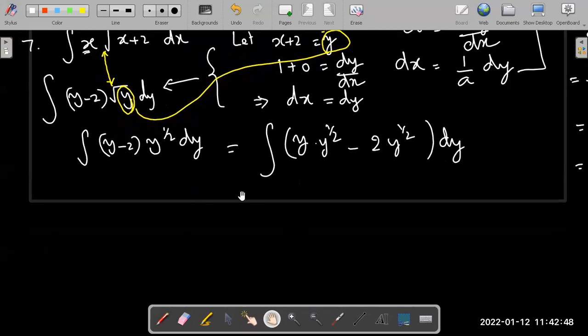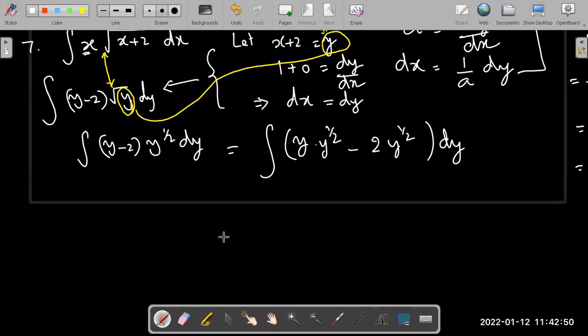Open the brackets, that's it. We are still simplifying first.